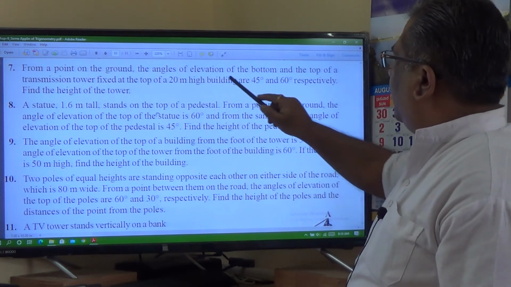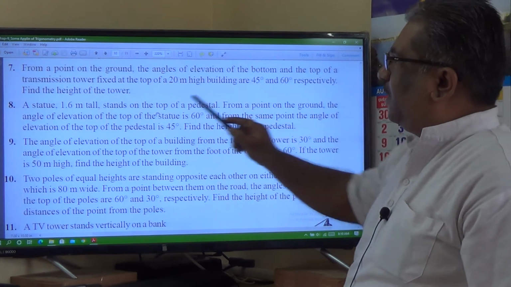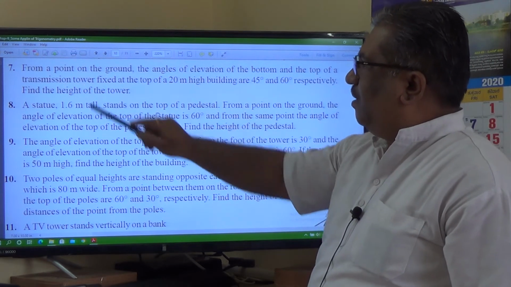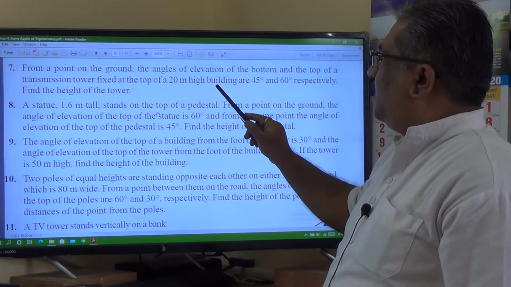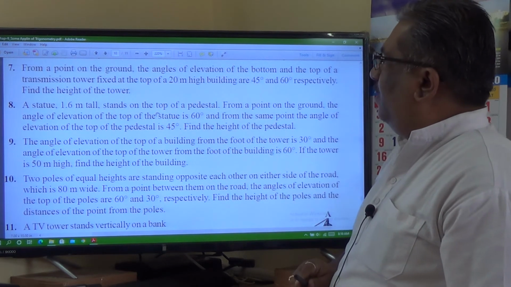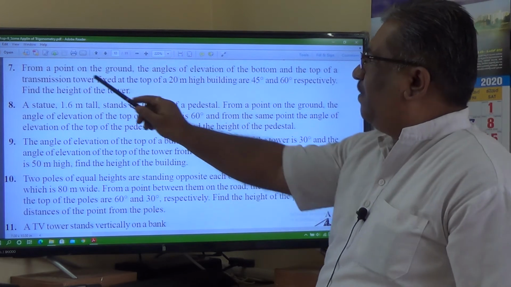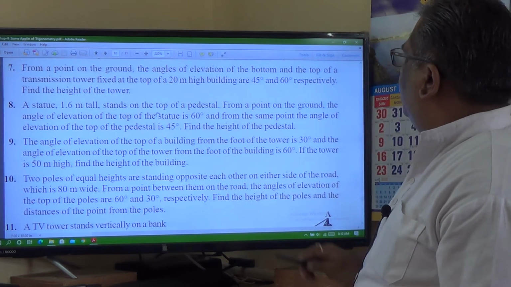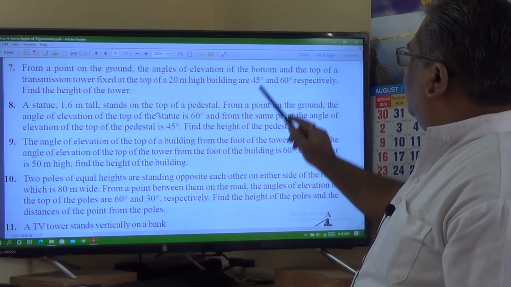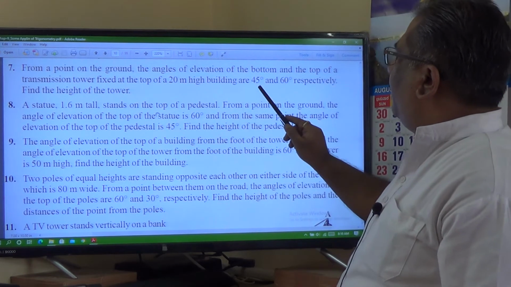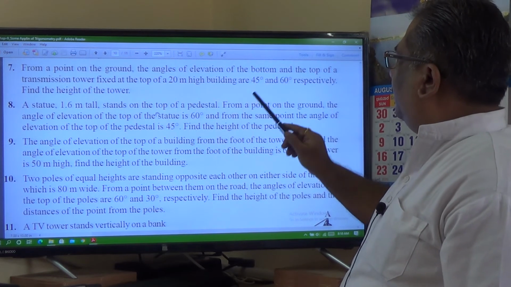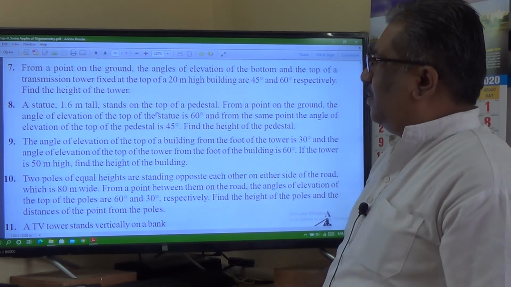The transmission tower is fixed on the top of a building whose height is 20 meter. And when we see from a point on the ground, the angles of elevation of the bottom and top of the transmission tower are 45 degrees and 60 degrees respectively. So find the height of the tower. Let us solve this on the board.